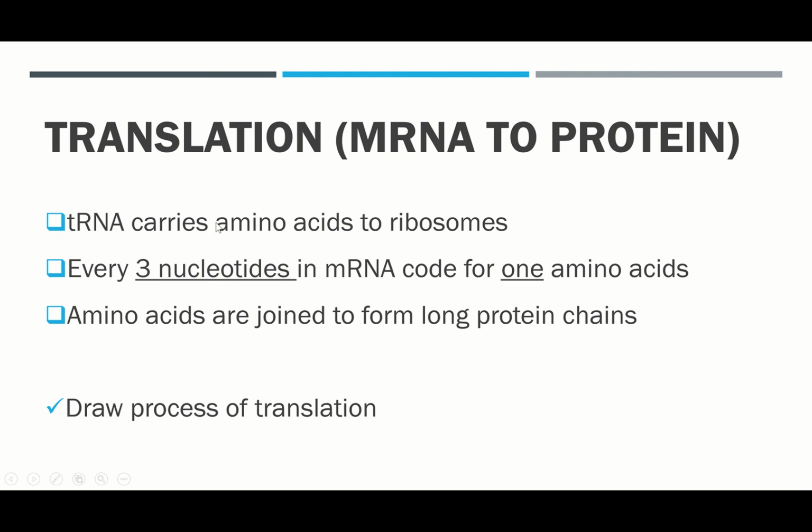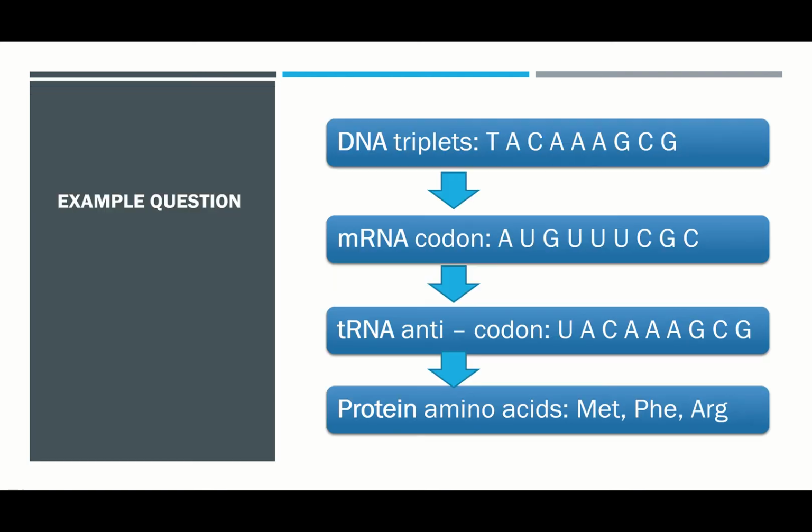And the information from the mRNA would code for the sequence of amino acids. And the sequence of these amino acids matters to the properties, the shape of the protein produced. So, because these two bond together, we know that the tRNA must be the opposite side of the mRNA. Therefore, this tRNA anticodon will be UAC-AAA-GCG.